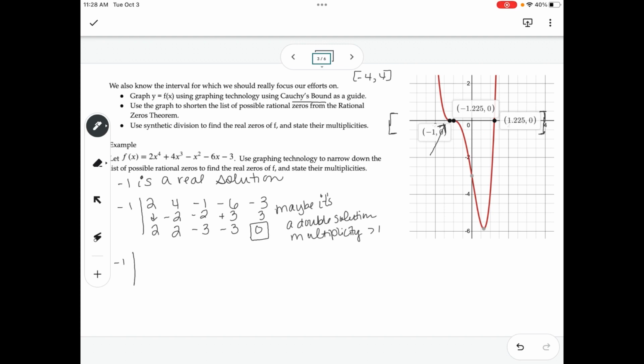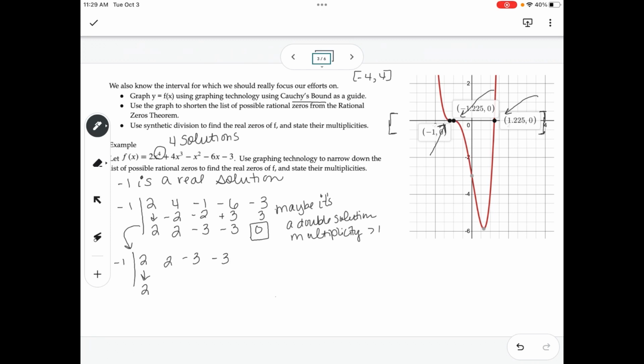Maybe I get to count -1 twice. We know we need 4 solutions. I see my other 2 solutions are kind of not very nice numbers. So maybe I get to count -1 twice. If so, let's use this and find a reduced polynomial. So I'll start over where we left off with our reduced polynomial and see what happens.